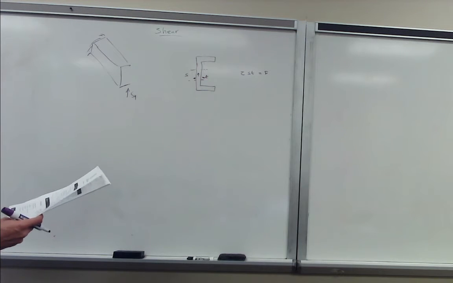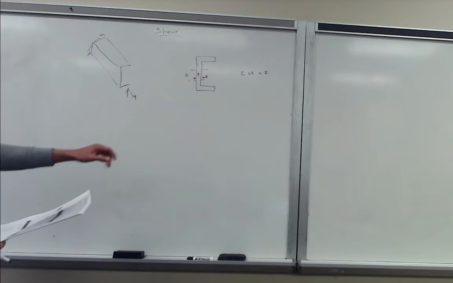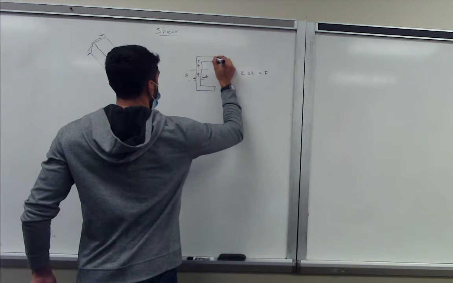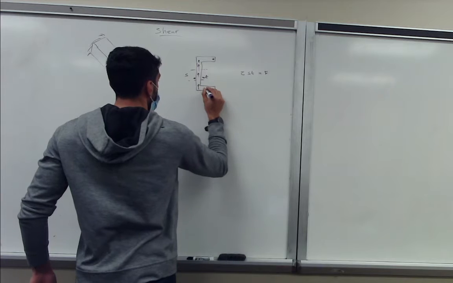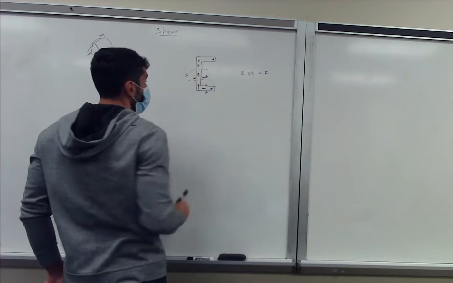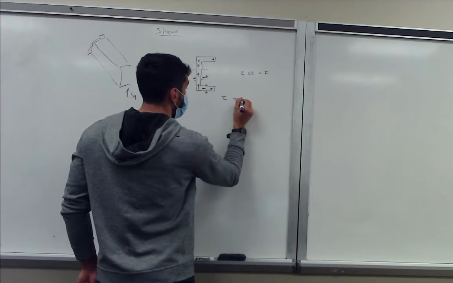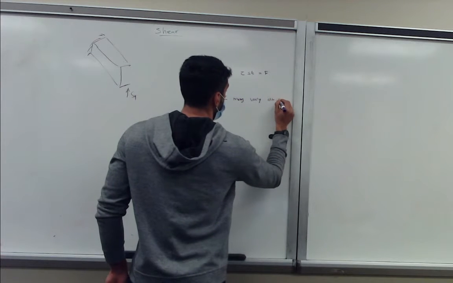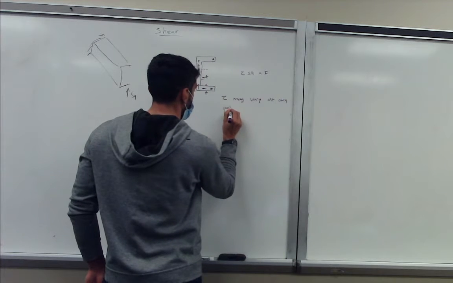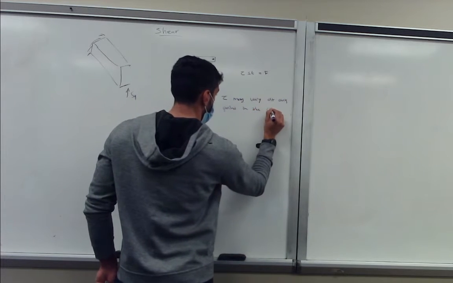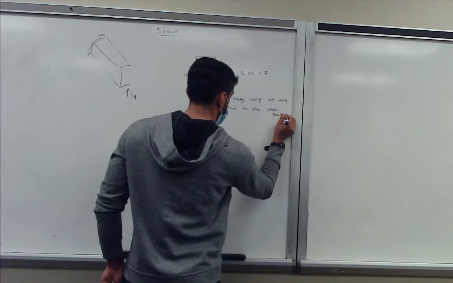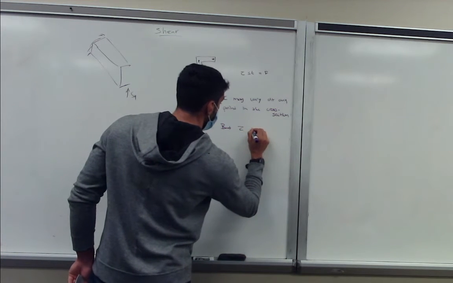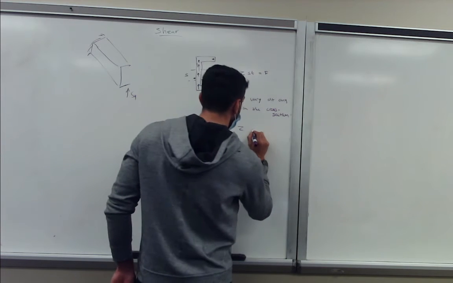So we can make a couple of assumptions out of it. We say that the variation of stresses, in this case of tau, may vary at any point on the cross section, but through the thickness tau is constant, or does not vary in the thickness direction.